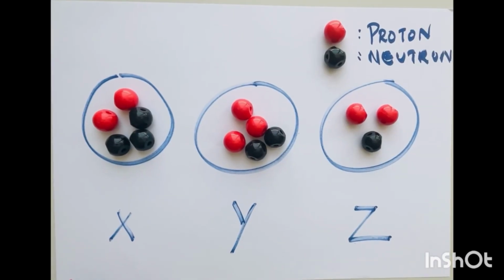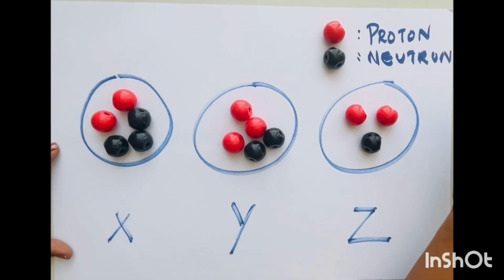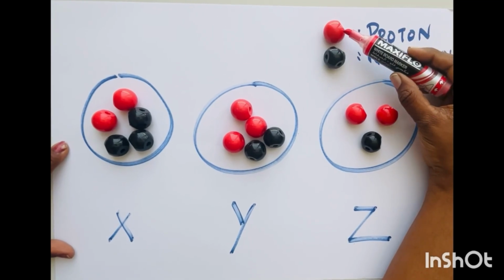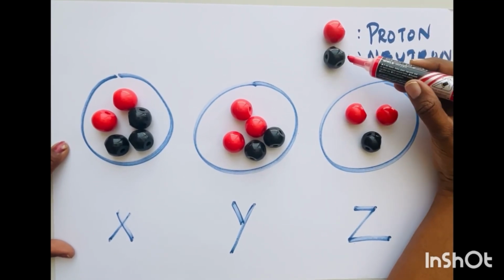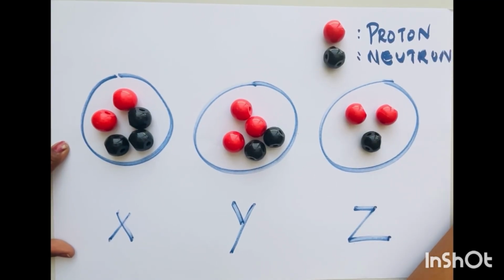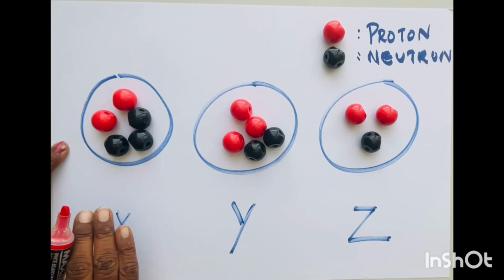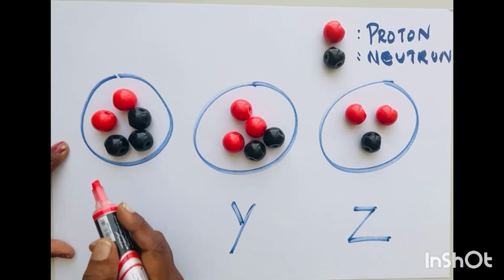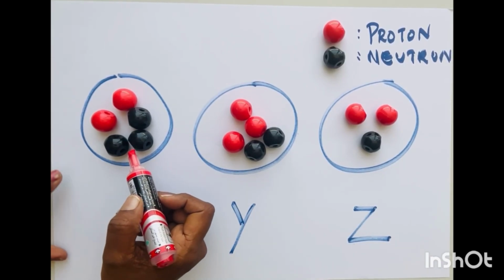Let us look at these examples. Here the red bead represents a proton and the black bead represents a neutron. Now let us check the nucleus of some of the atoms here. Let us look at the first nucleus.